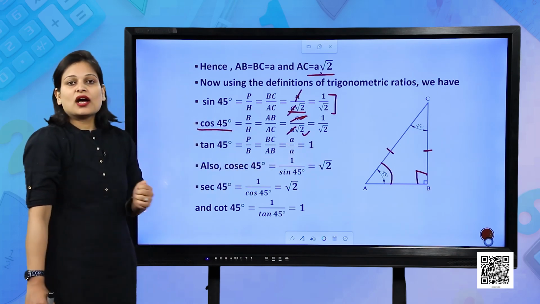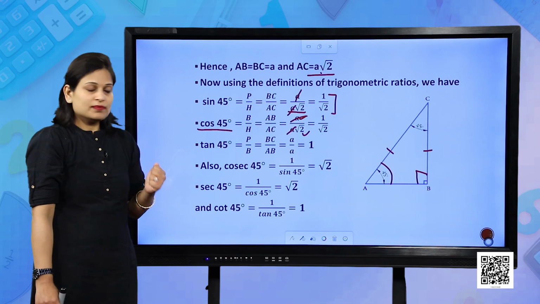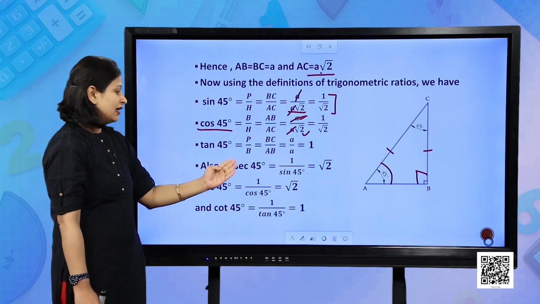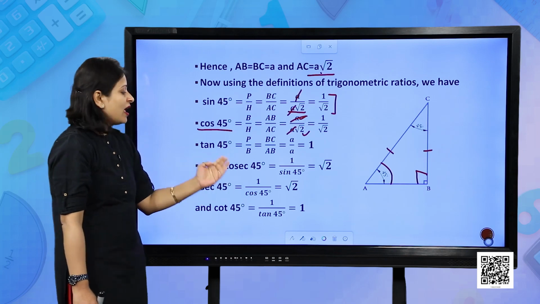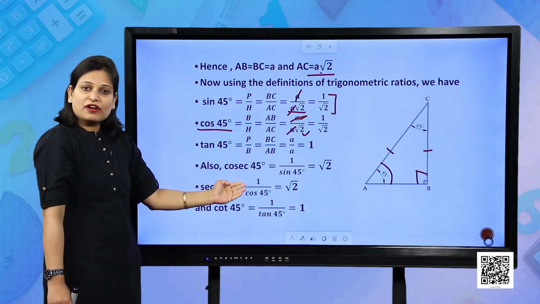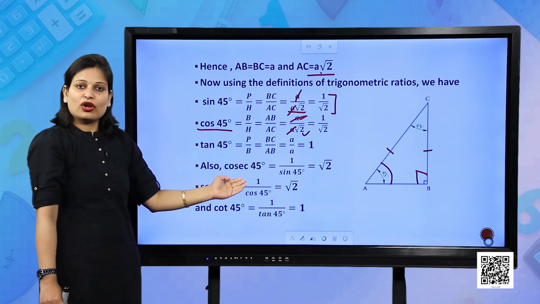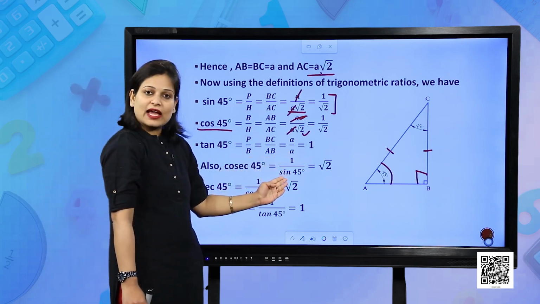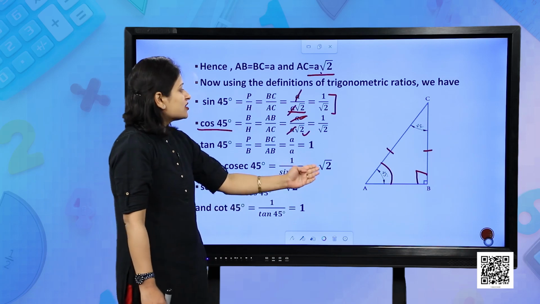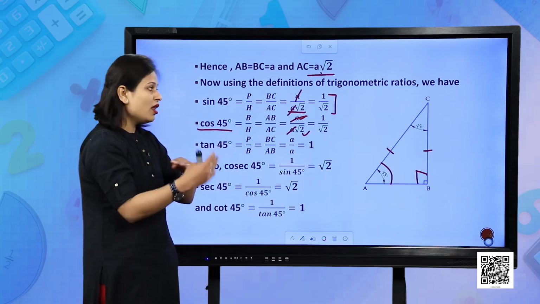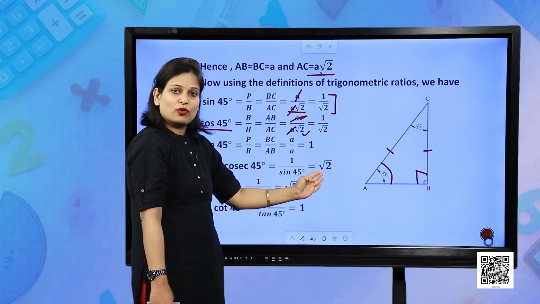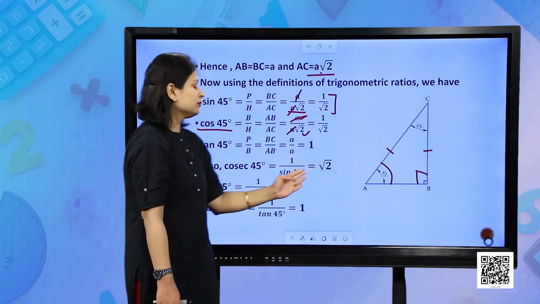Now, what about the other 3 trigonometric ratios, which are cosecant, secant and cot? Angle is given as 45 degree. As you know, cosecant function is the reciprocal of sine function, which is 1 upon sin 45. So, simply the reciprocal of sine function 1 upon root 2, reciprocal will be root 2.